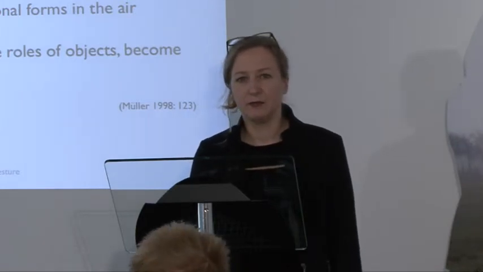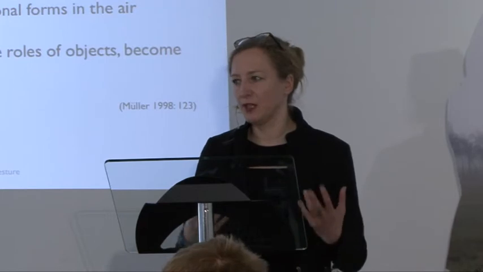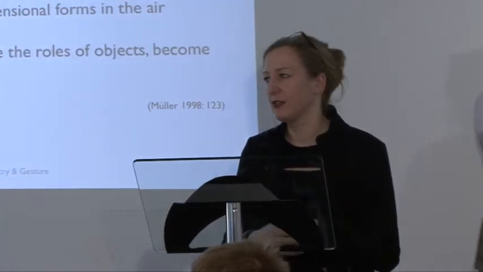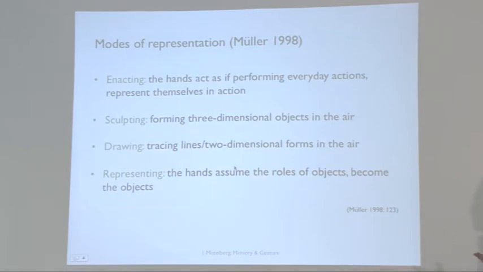Now, how do we talk about the objects or the actions that we want to imitate or that we want to mimic? What are our techniques of representation? And there again, Cornelia Müller in her 1998 book, which is one of the ground-laying books in German on gesture, distinguishes between different modes of representation.